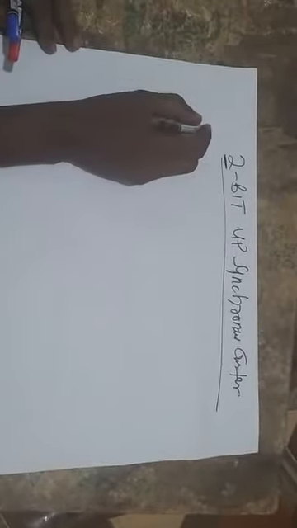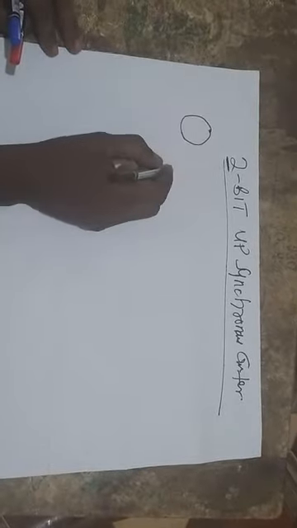So in this simple design, we want to look at a 2-bit synchronous counter. As I told you, the first thing to do is to draw the state diagram, and it's a 2-bit.